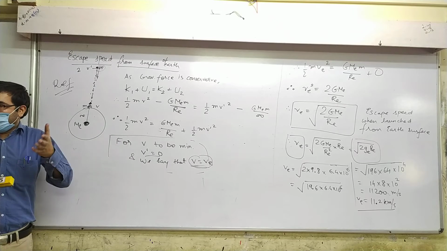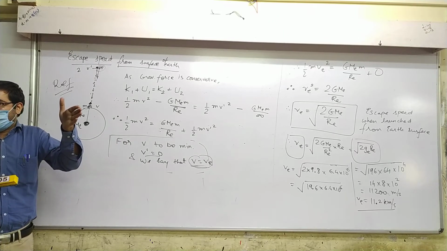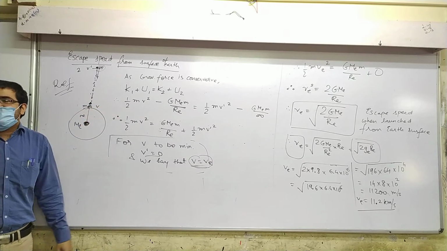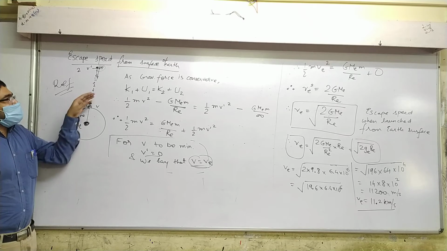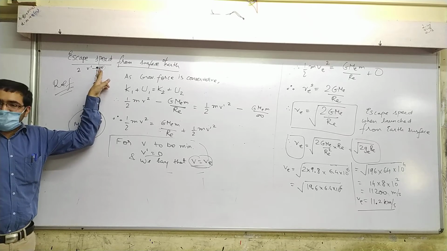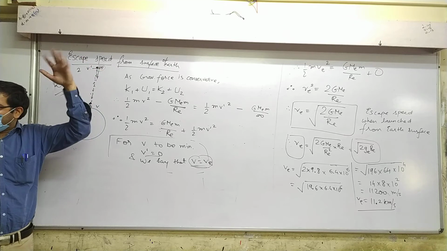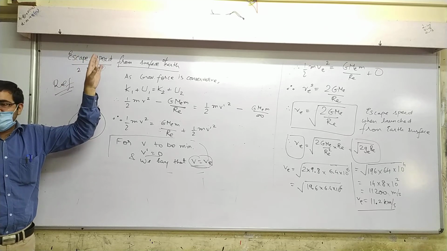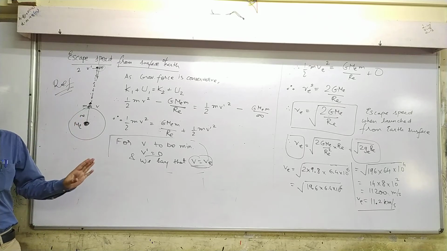No. So it will keep moving in the universe far and far and far. So we know that its speed will become 0. Fine. But where? That will just keep going and going. So this is escape.